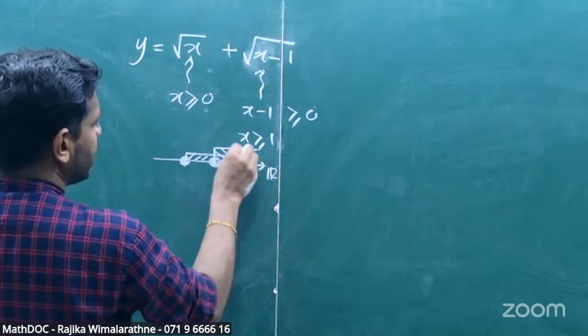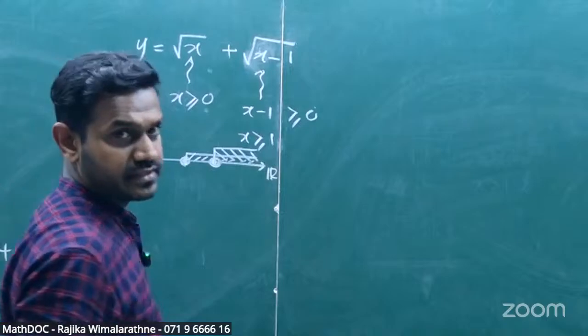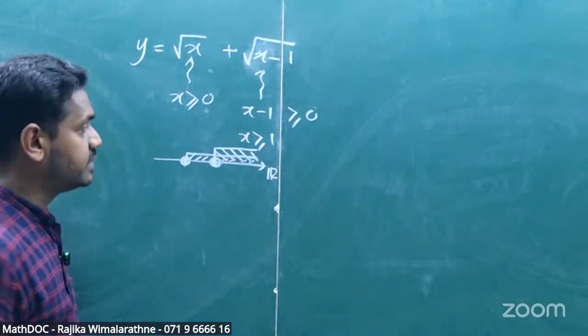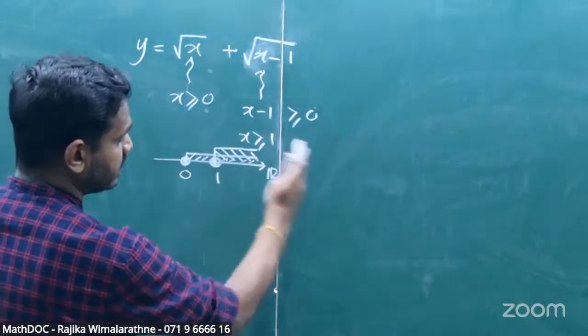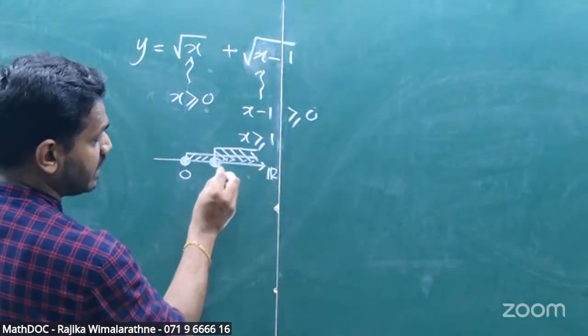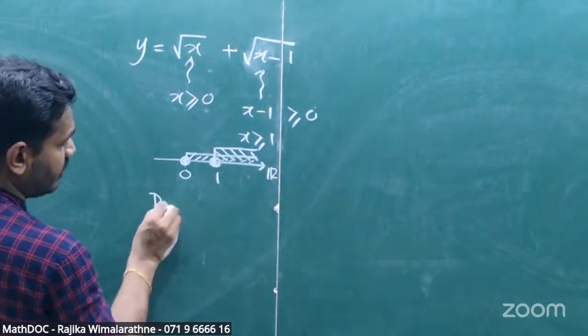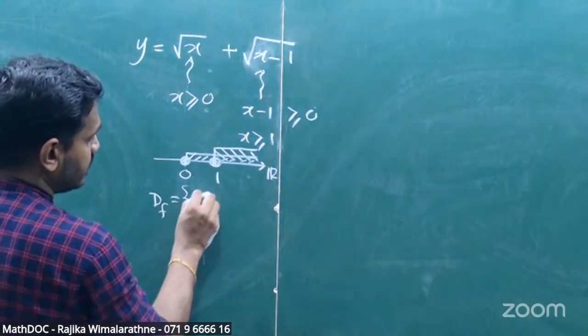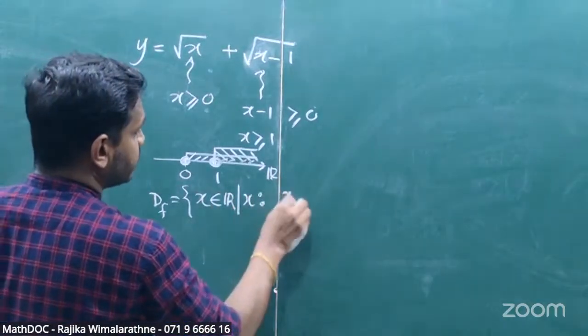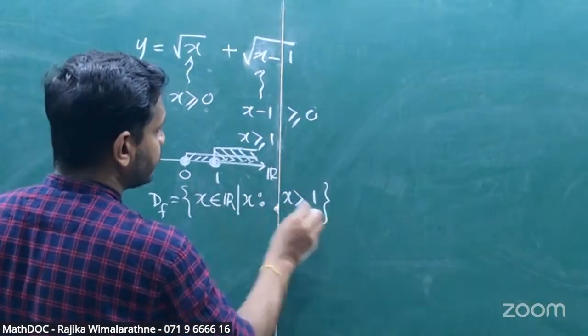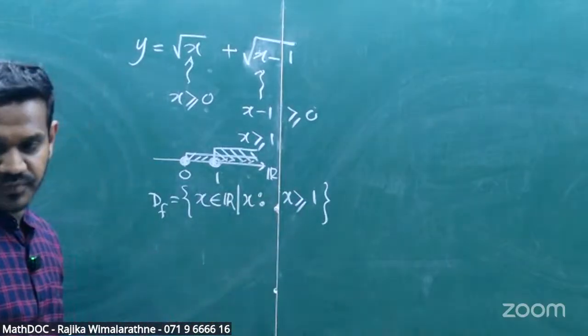So here you have to think about the common region. So here 0, here 1. Then the common region will be greater than or equal to 1. No? Then the domain: x real value, x such that x greater than or equal to 1. Here it is. You have to think about the common region.